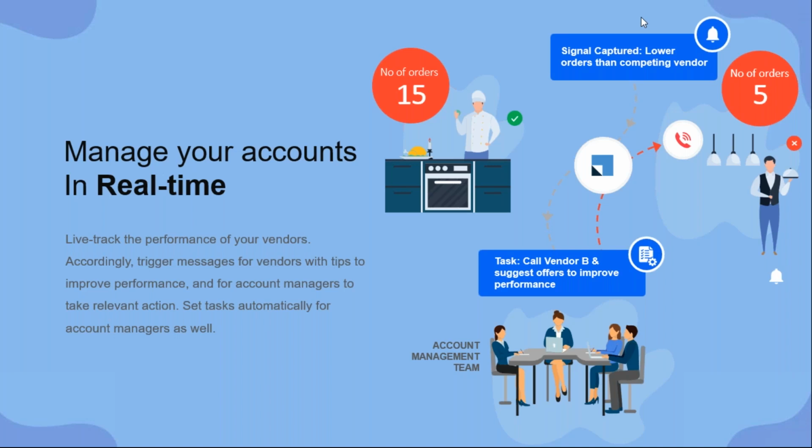Now, if you've created a flow where, for example, a vendor is not performing well, not attending the calls, or maybe not attending the customers properly, and you have a signal that the performance is going down on the basis of orders or any other factor, what we can do is directly engage with this vendor to find out what exactly happened, or we can delist them, or maybe nurture them on any other factor. We can do campaigns. So those kinds of real-time task-driven notifications will be there for your team.